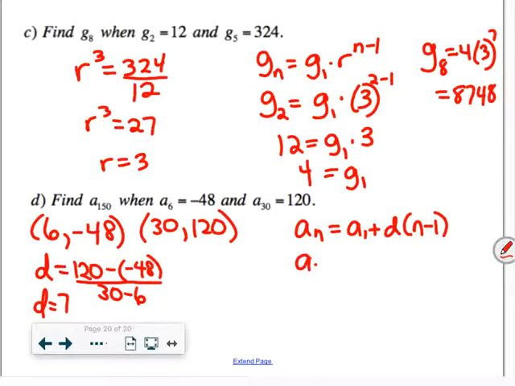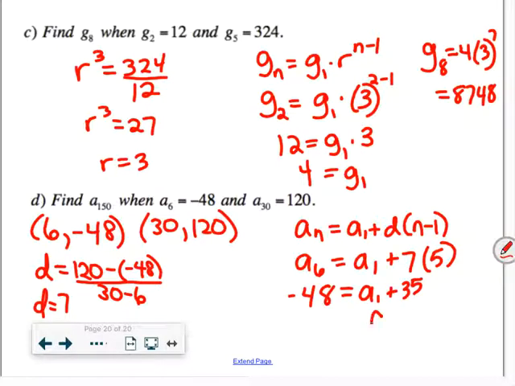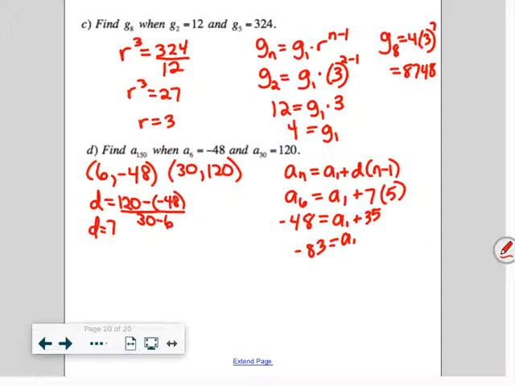So if I use A sub 6, I don't know the first term. I've got the common difference, and that would be times 5. That's negative 48 equals A sub 1 plus 35. So I got A sub 1 is negative 83.